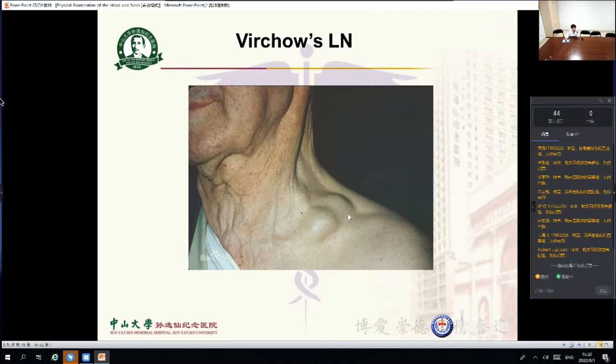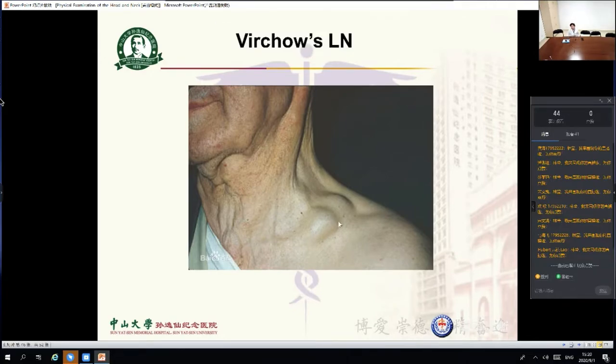And this is indicative of metastatic lymph nodes from gastric cancer, pancreatic cancer, esophageal cancer, and sometimes lung cancer. Okay, if you find draining lymph nodes like this in the supraclavicular region, this is what we call Virchow lymph nodes.